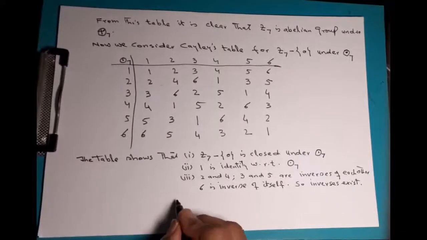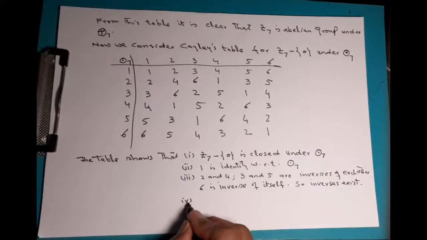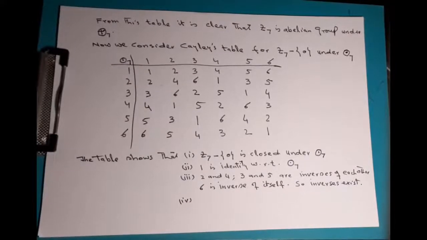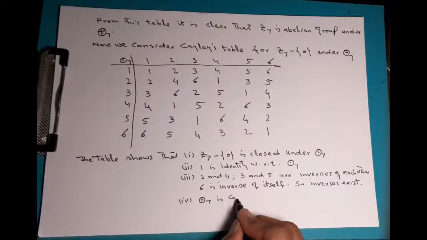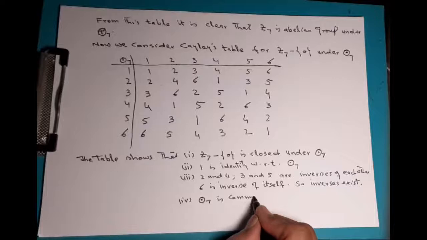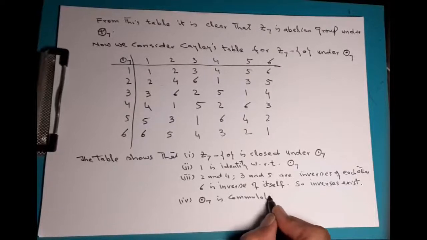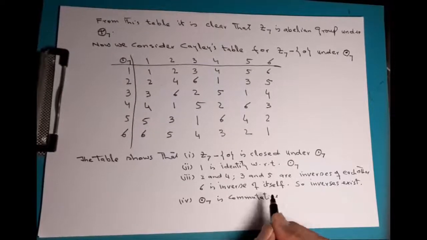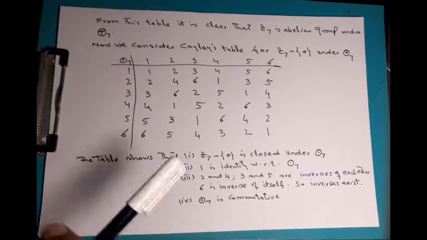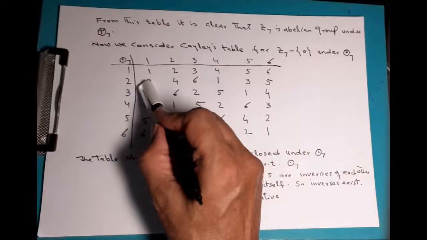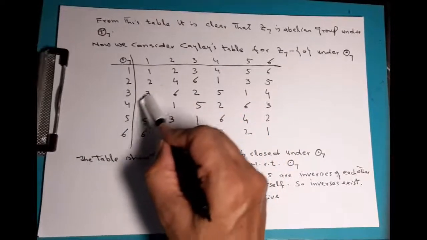And then fourthly, we observe that multiplication modulo 7 is commutative. And commutativity is very easily observable because symmetry of the table shows it.